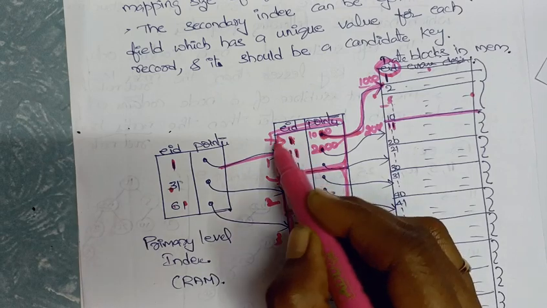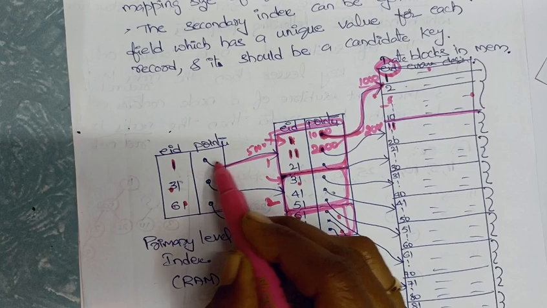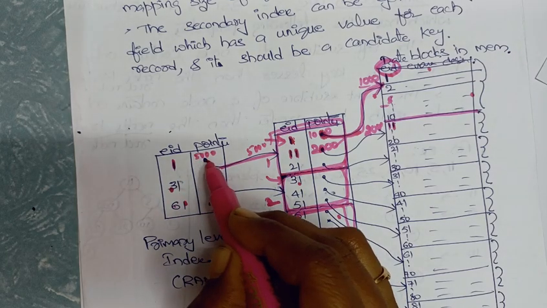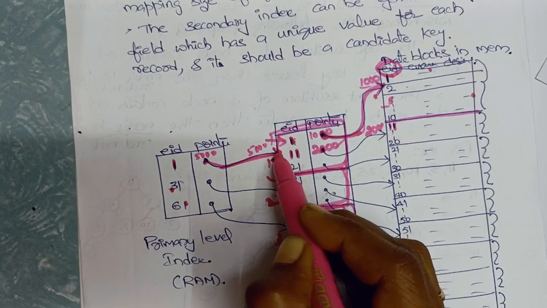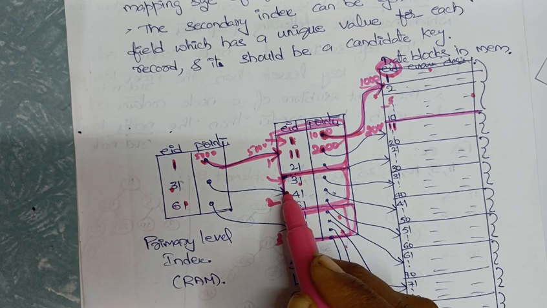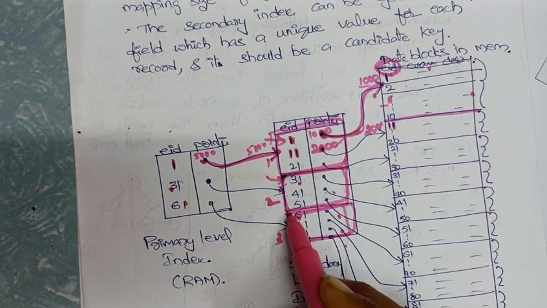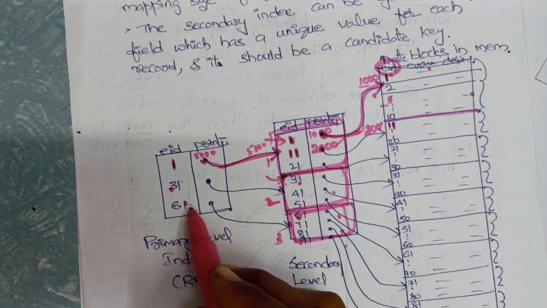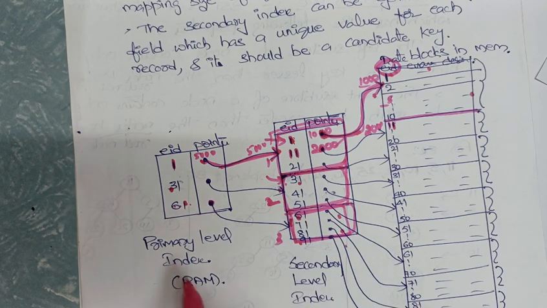Again, for this block some address is there, 5000, and that 5000 will be stored here. That block 1 address will be pointed to here. Next, the 31 block address will be pointed to here, and the 61 record address will be maintained here, and so on.